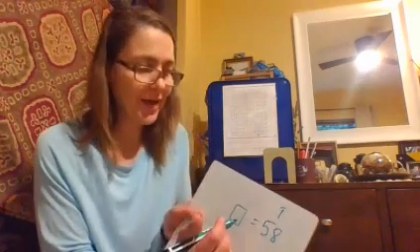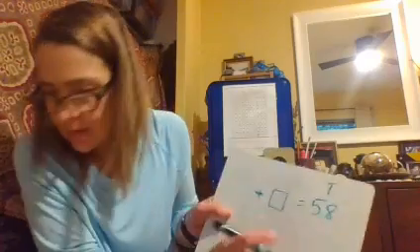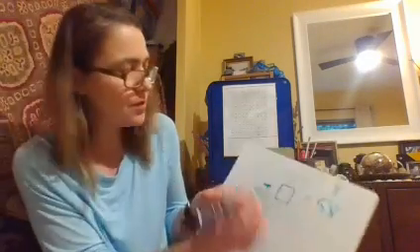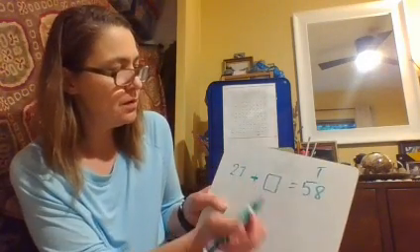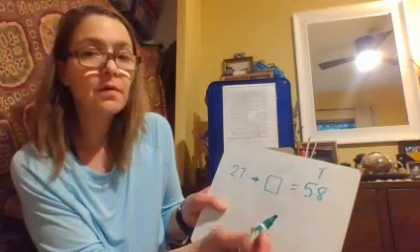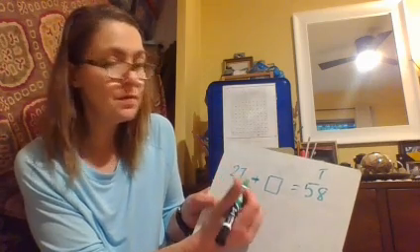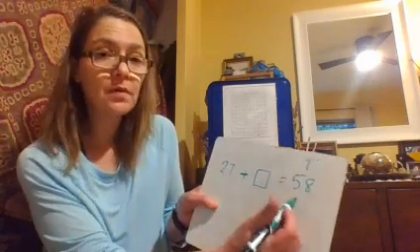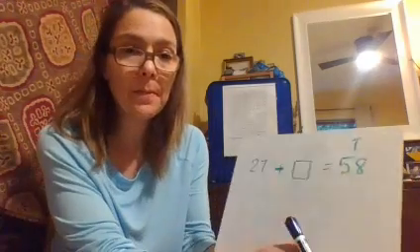Now he has 58 robots. So 58 is the total. He buys some more, that's the unknown. And then Robert starts with 27. So 27 plus the unknown equals 58.